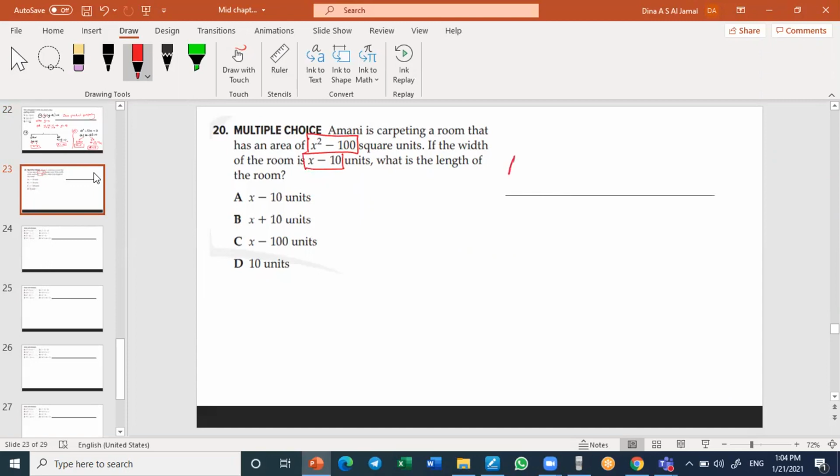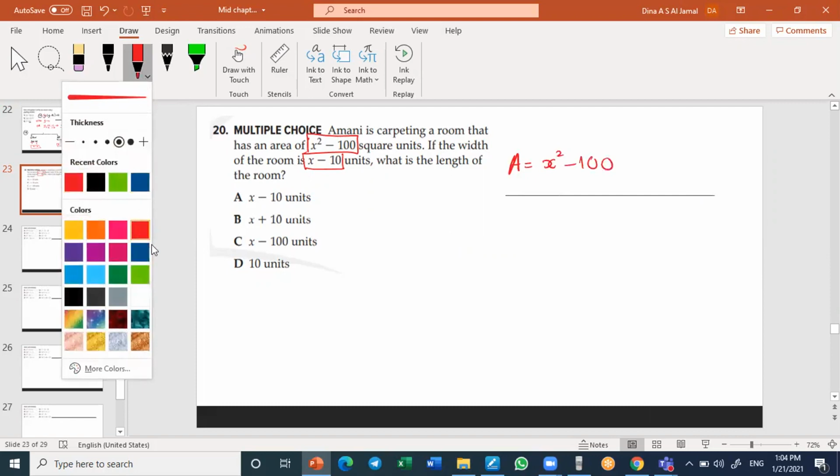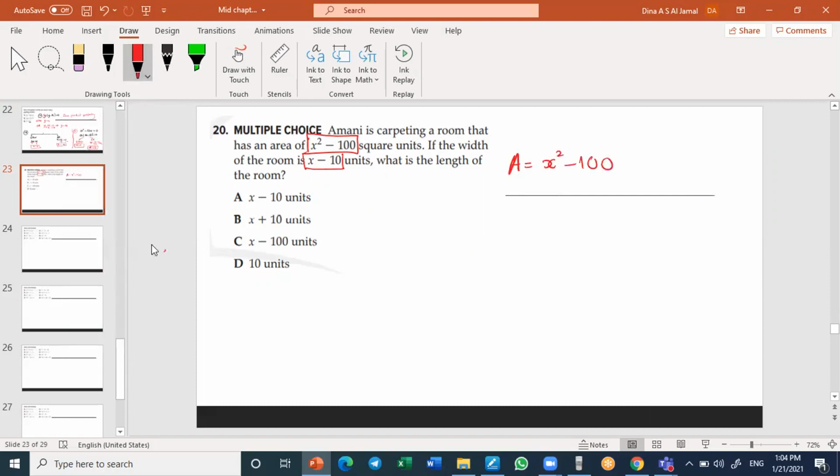So whenever he is giving you your area, just take it and factorize it. What's easy about this binomial is that it has two terms. Each of them can be solved using the square root.